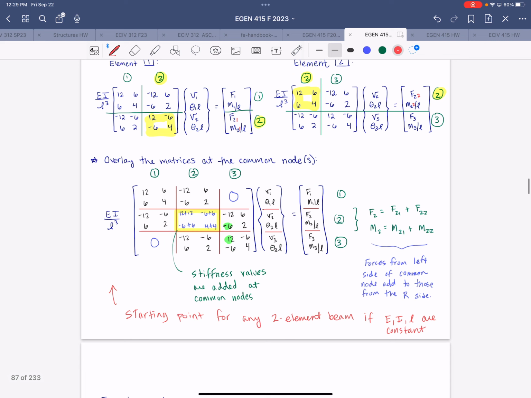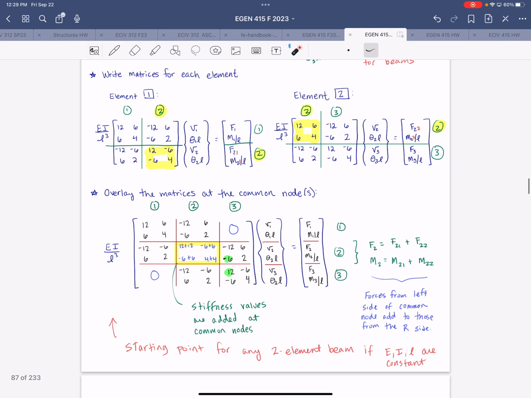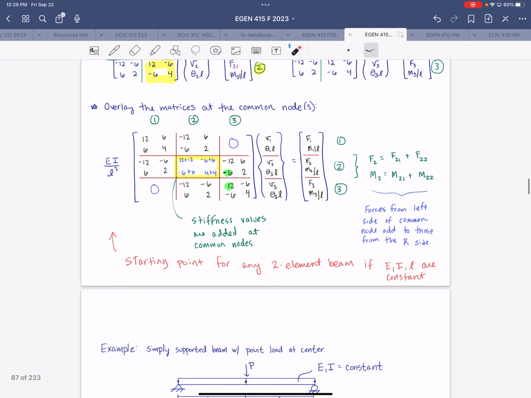If you have individual element matrices that have different EI or L values, then that's going to affect what your overlay looks like and the rest of the matrix. But in this class, this will always be the case. So in this class, you can use this as your starting point.